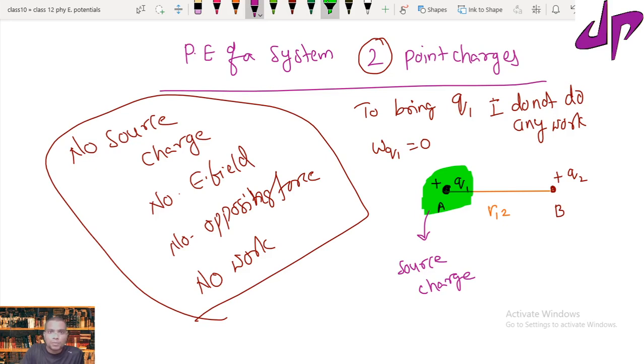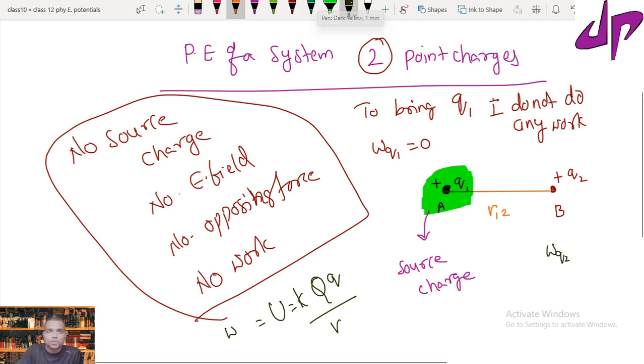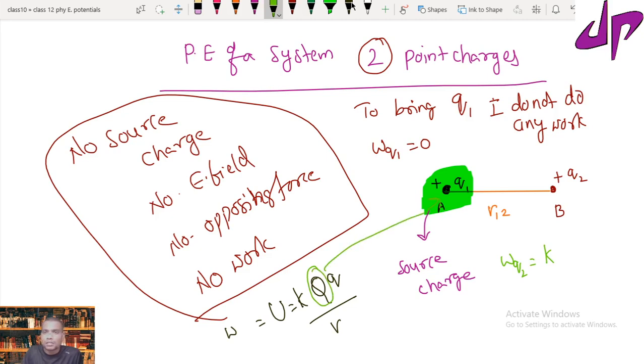If you remember, the potential energy U equals K times capital Q small q by R. Now this is nothing but the work, so the work done to bring charge q2 equals K times q, where the source charge is q1 and the small q is the test charge q2, and the distance now becomes r12.